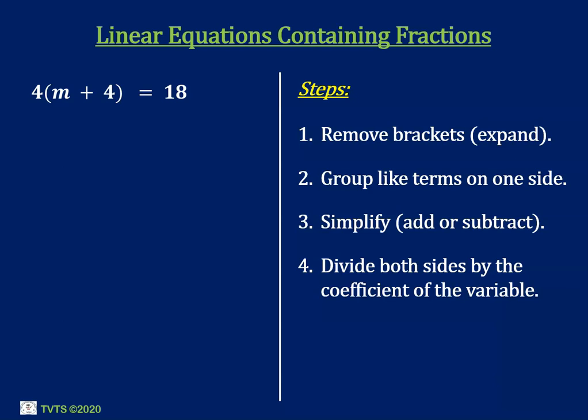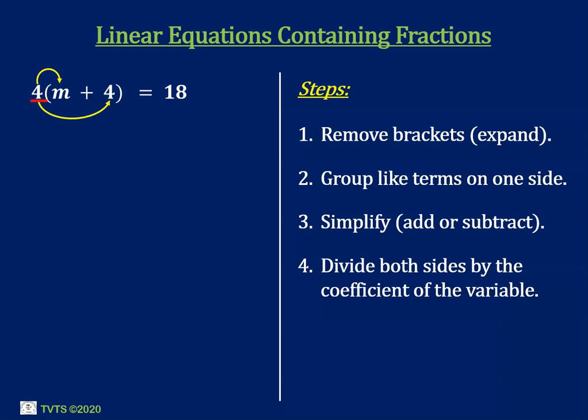Now, following these 4 steps, let's see how the equation 4(m + 4) = 18 can be solved. The first step is to apply the expansion rule to get rid of the bracket. We do so by distributing the factor 4 over the expression m + 4.